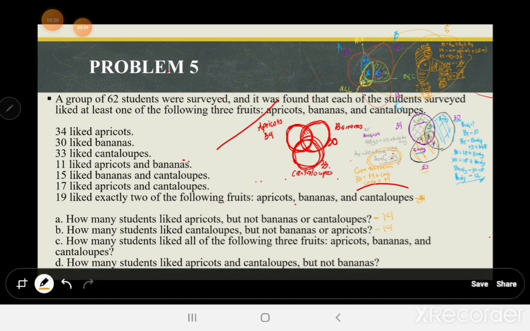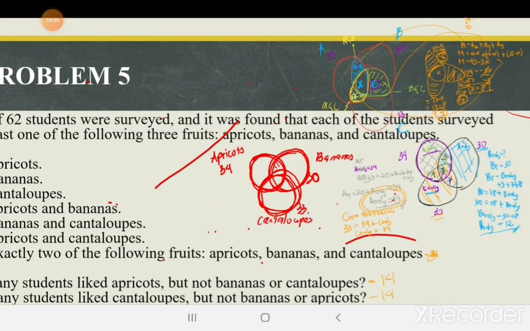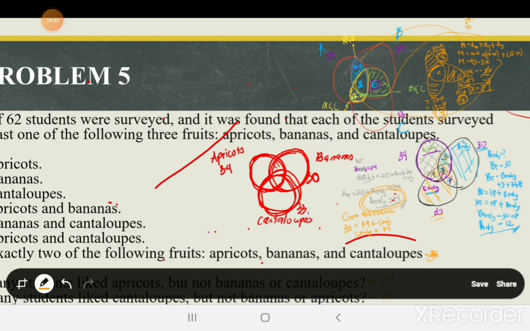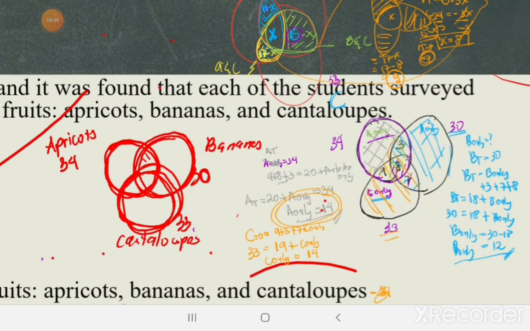And then the next question: how many students like all of the following three fruits: apricots, bananas, and cantaloupes. So we have it in the diagram, right? A Venn diagram is a graphical representation of sets. Right? So here it is. The Venn diagram shows its purpose.